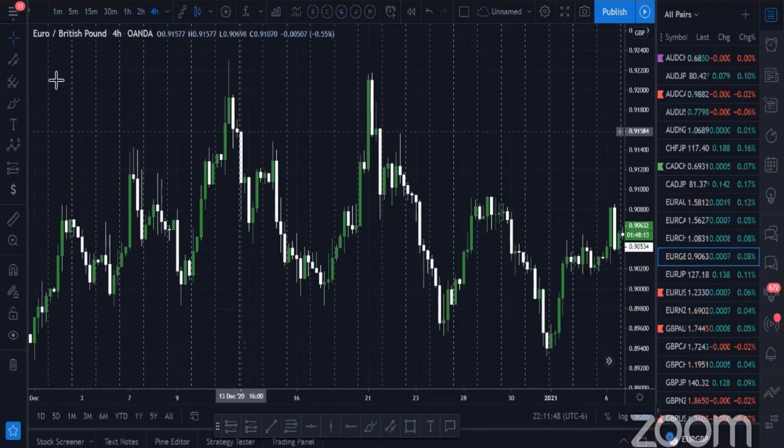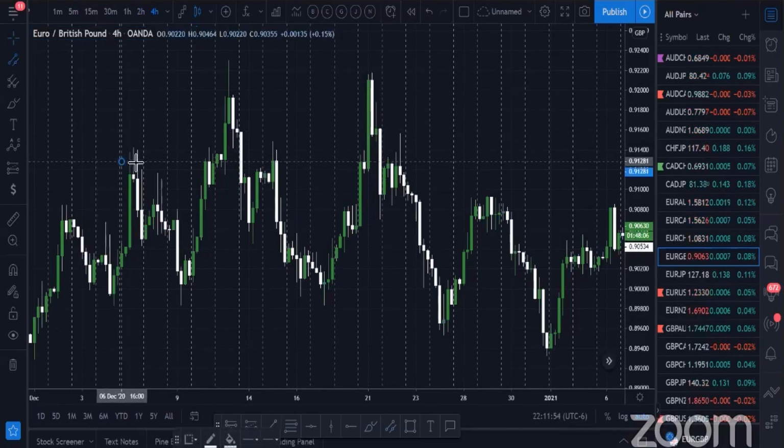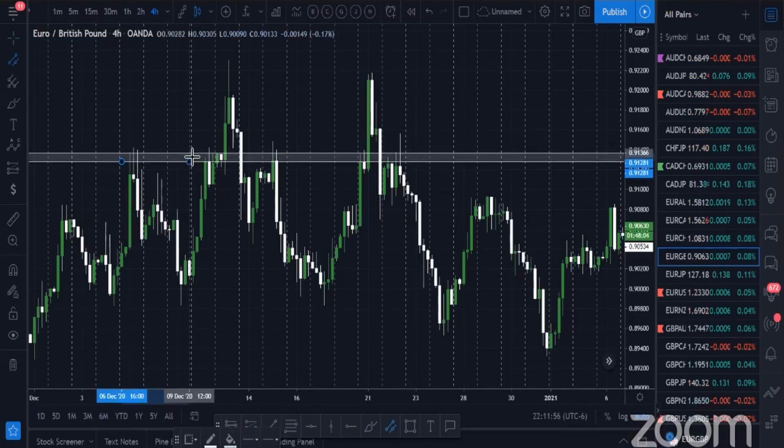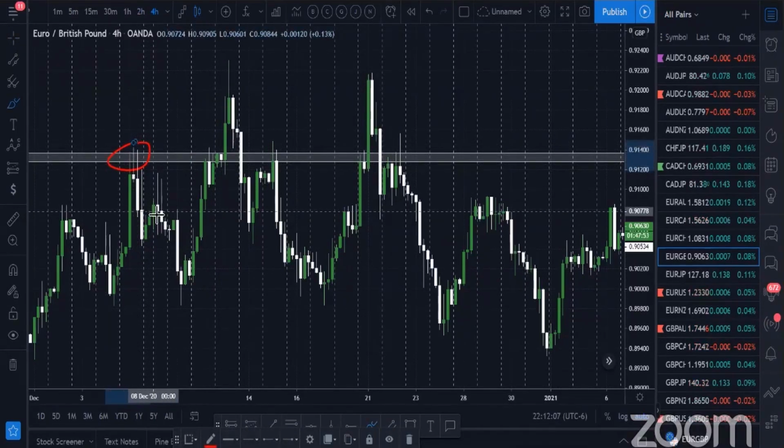So right away, I see these zones. And the way I determine zones is I use a set of criteria. The first thing is wicks in the area. If we look here, you see price is respecting and creating wicks in the area.